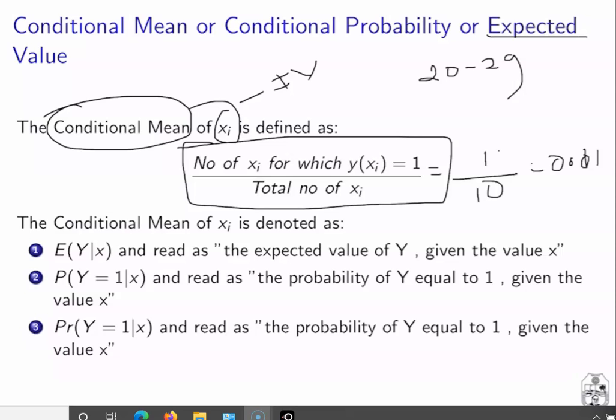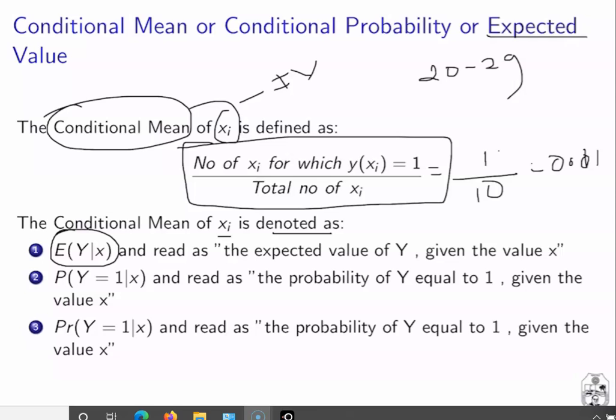There are a number of notations you can use to denote the conditional mean of xi. One way is writing E of y given x, and it is read like this: the expected value of y given the value of x.